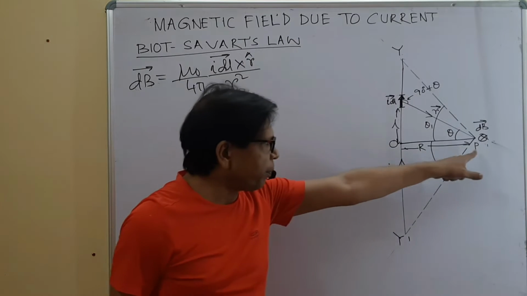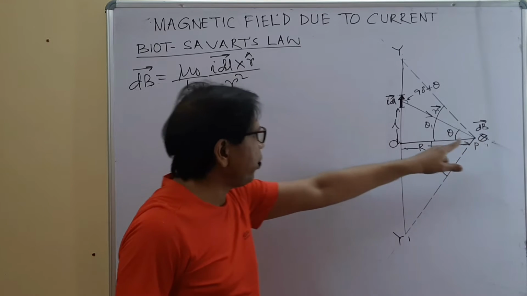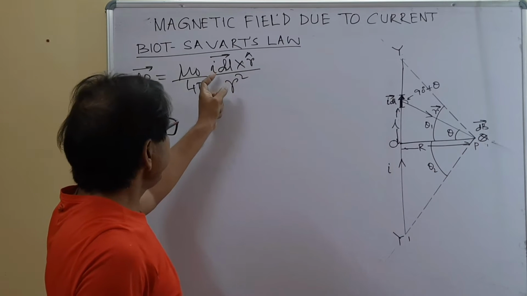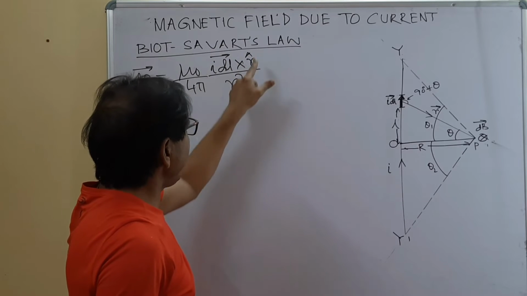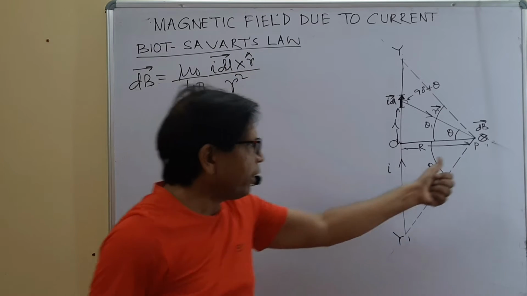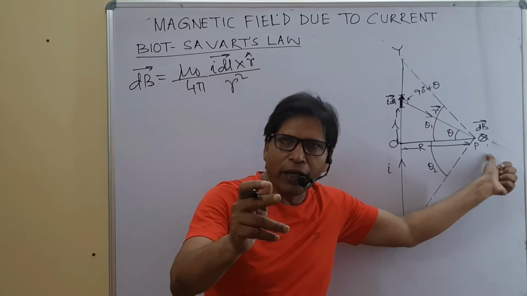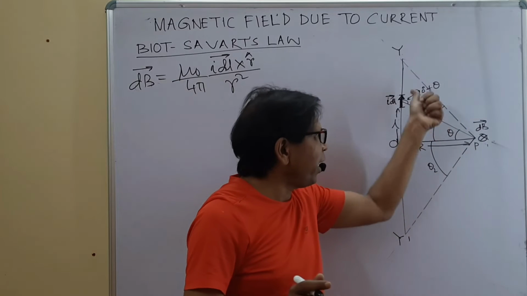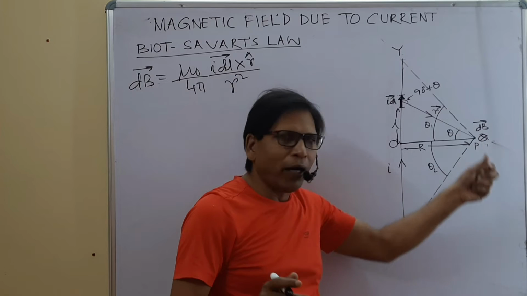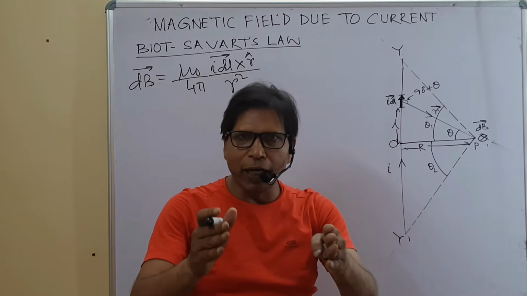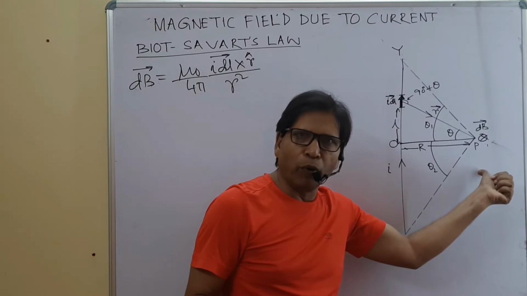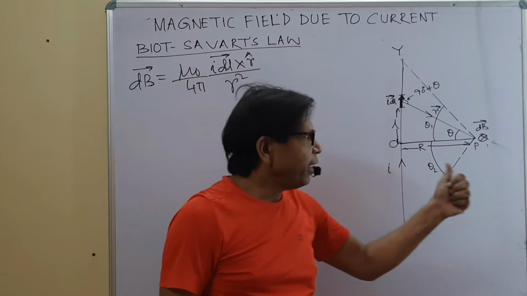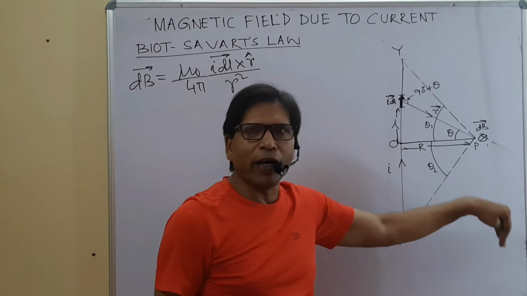Therefore the magnetic field at the point P is directed normal to the plane containing I dl vector and r cap vector, that is normal to the plane of the board, and here directed inwardly.